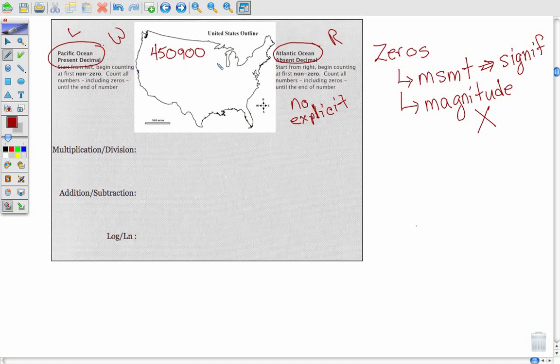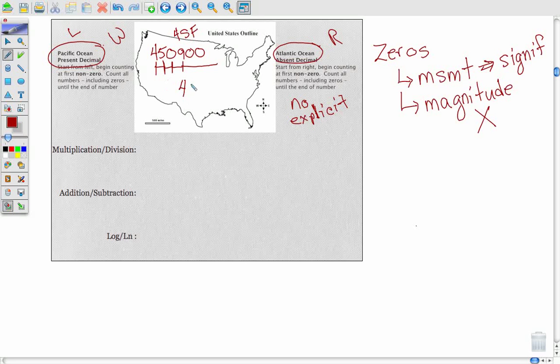And as we do this, we're not going to count anything until we hit our first non-zero. Once we hit our first non-zero, then we start counting, and then everything counts until you fall off the map, so to speak. So that's 1, 2, 3, 4 significant figures. So we'd say that this has 4 sig figs. I'll be using that symbol SF quite a bit this semester. So that would have 4 significant figures.